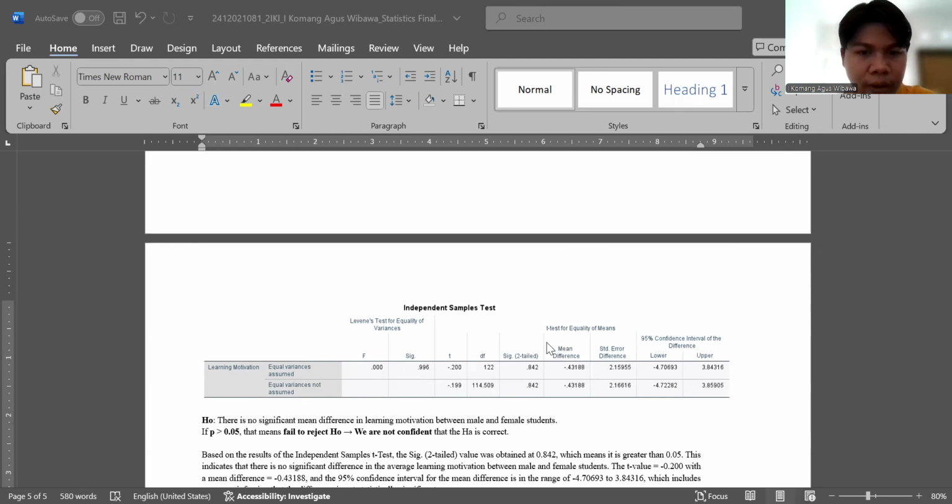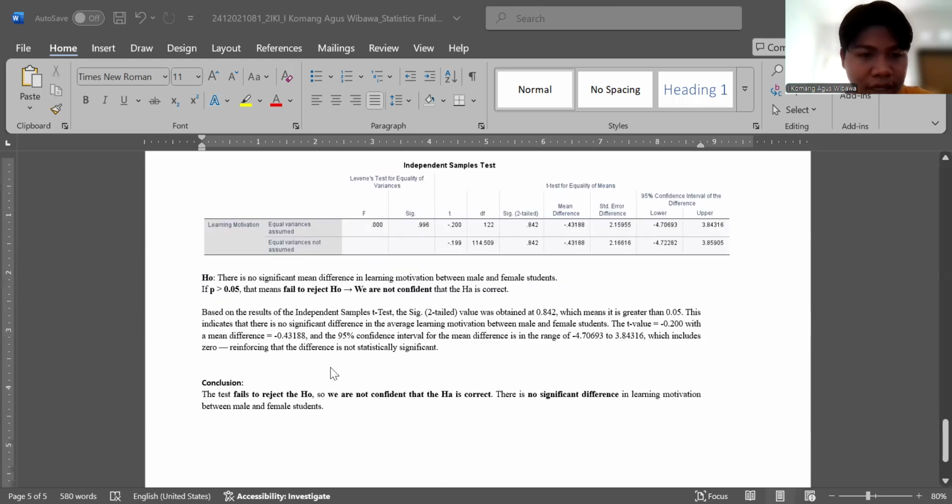Based on this result, we fail to reject the null hypothesis H0, which means that there is no significant difference in learning motivation between male and female students. In conclusion, the test fails to reject the H0, so we are not confident that the HA is correct. There is no significant difference in learning motivation between male and female students.